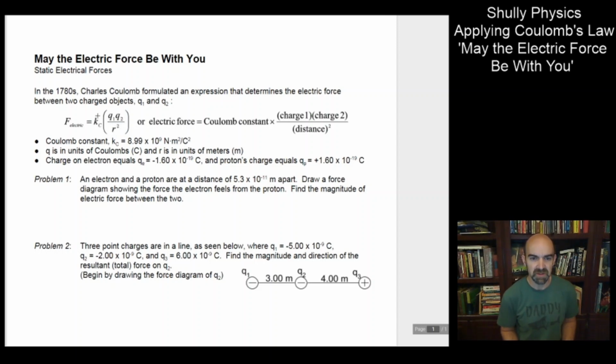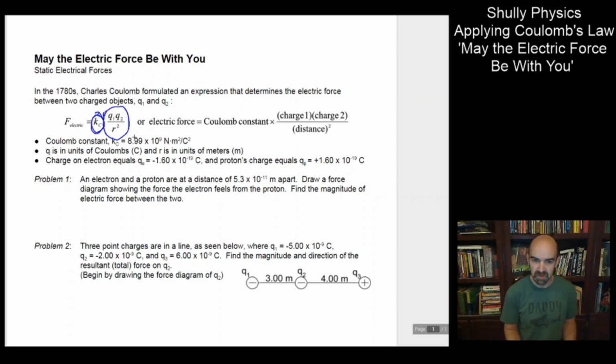And finally we get to this Coulomb constant. When Charles Coulomb got some evidence for his expression, he actually formulated this. There's an excellent experiment you can look up on him. That experiment helped determine for the first time this Coulomb constant.